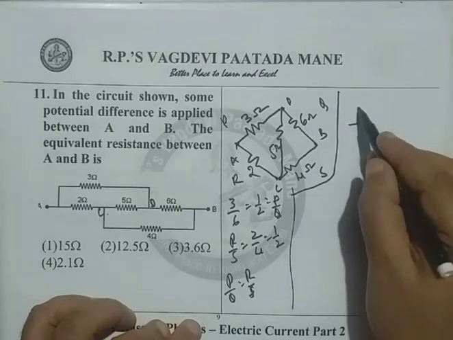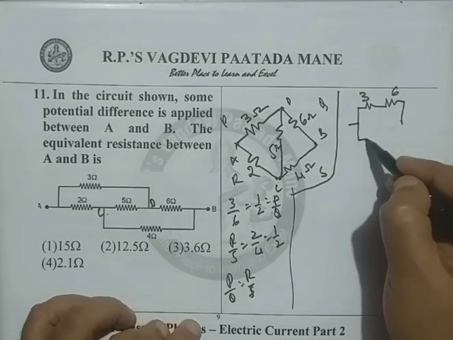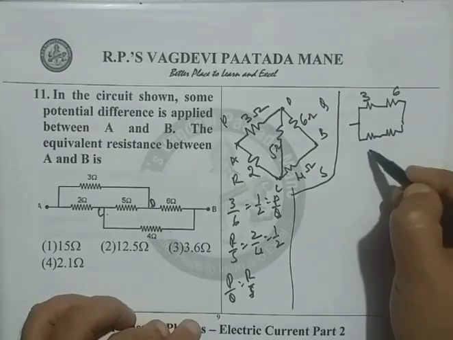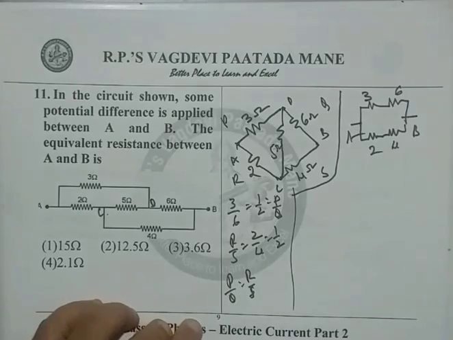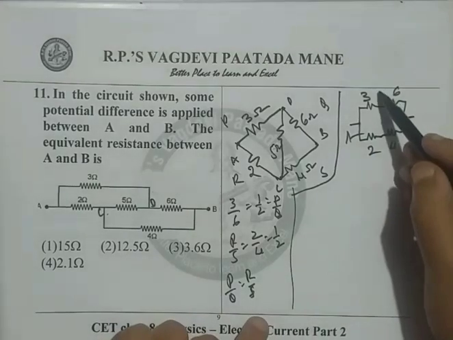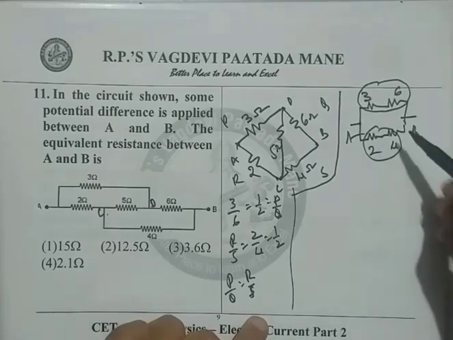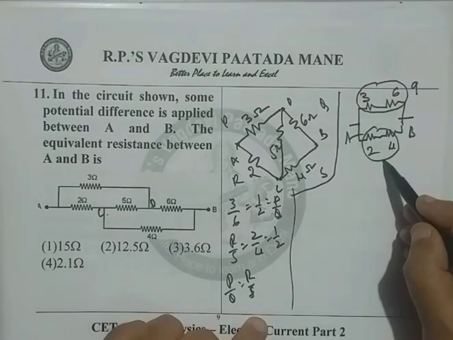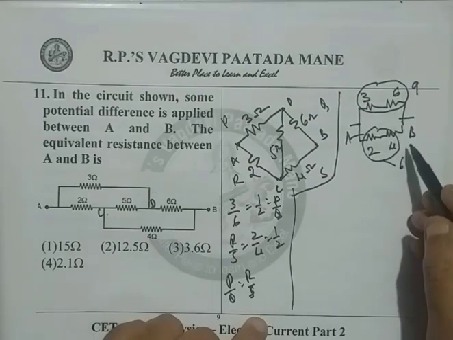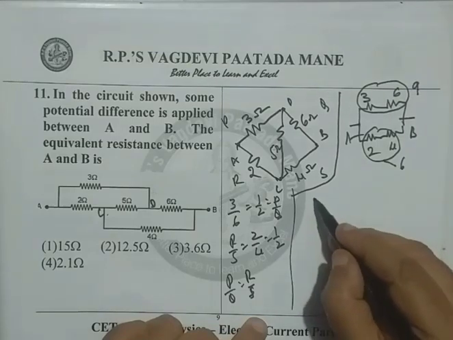Very simple idea now. 3 and 6 are in series and 2 and 4 also are in series. So, to find the effective resistance across AB, we take 6 and 3 in series, 2 and 4 in series. 6 plus 3 leads us to 9, and 2 plus 4 leads us to 6. So, simply 9 and 6 ohms are in parallel.